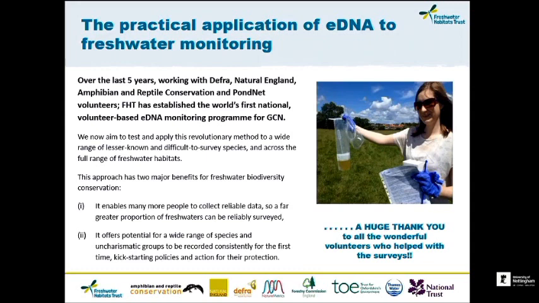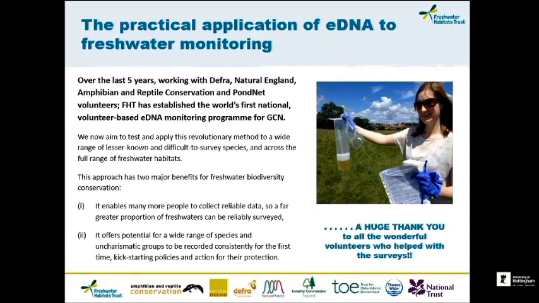The survey work for this was undertaken by volunteers, coordinated by Freshwater Habitats Trust. So they send the kits out to the volunteers, they collect samples, send them back, and then we have them analysed by one of the labs. This is a world first in using citizen science to collect eDNA samples for a national level distribution assessment for great crested newts.